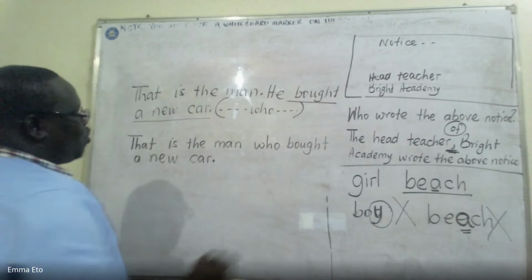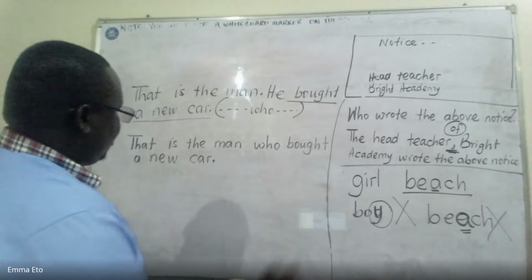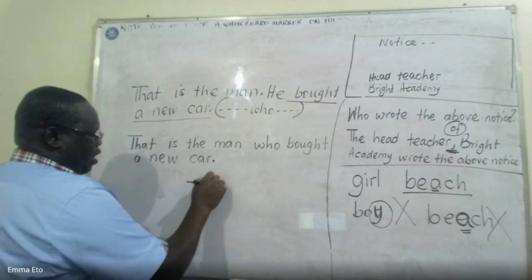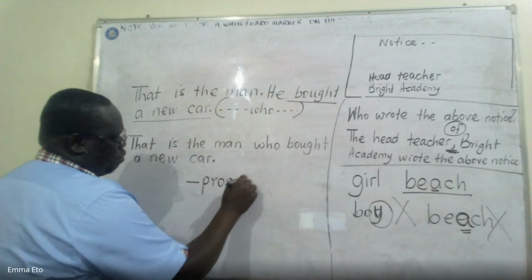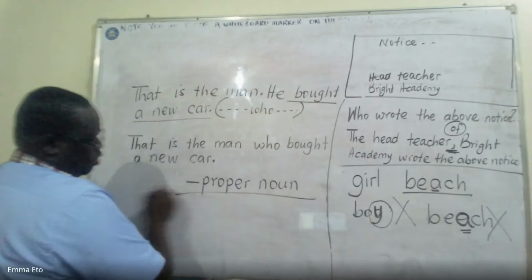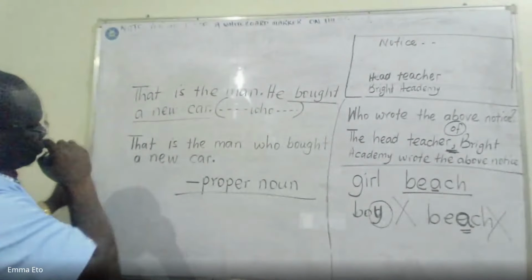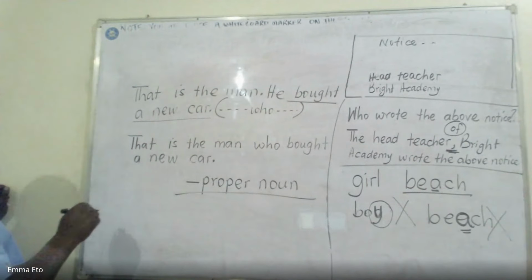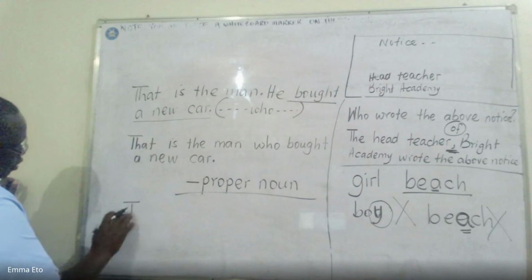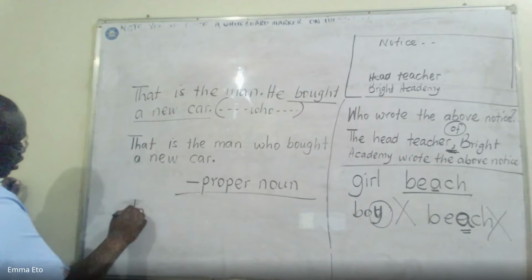For other questions of the same kind where commas are needed, these are the guiding tools. There must be a proper noun. For instance, John is my neighbor.